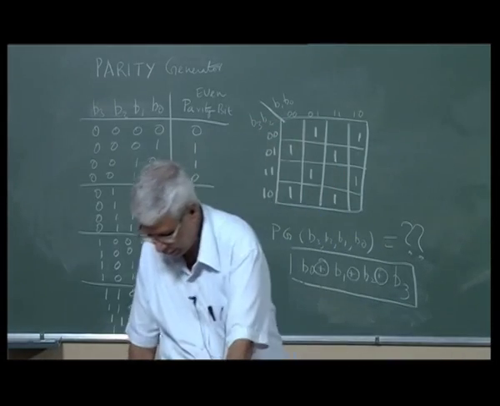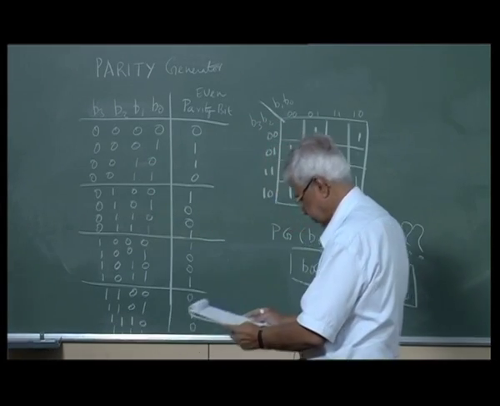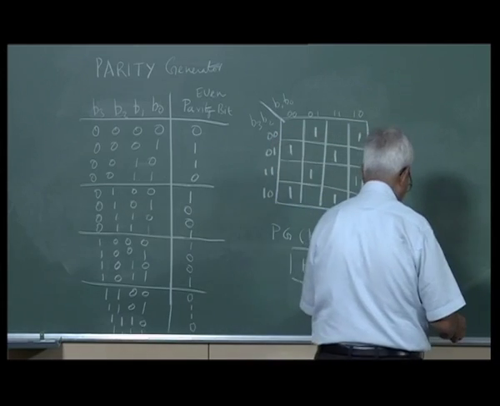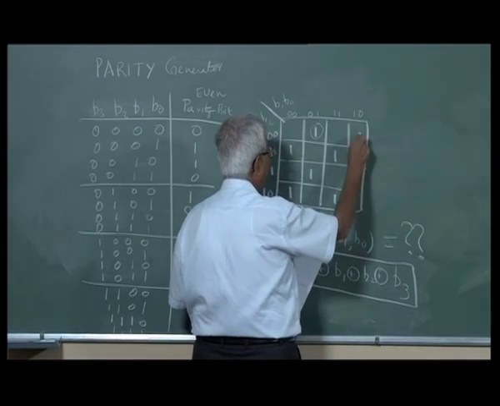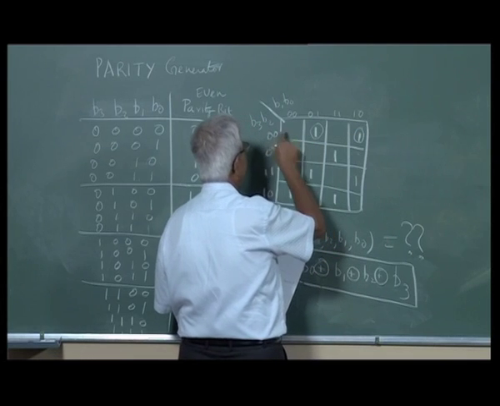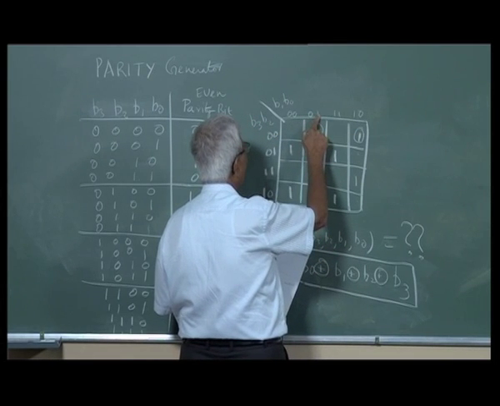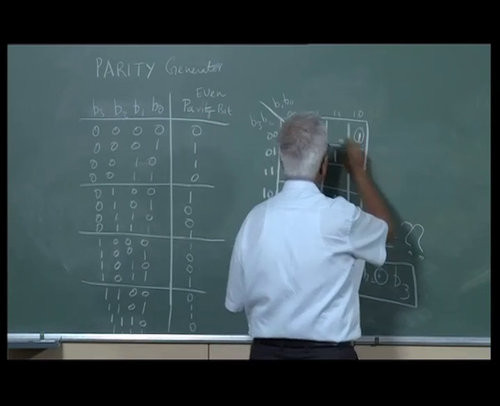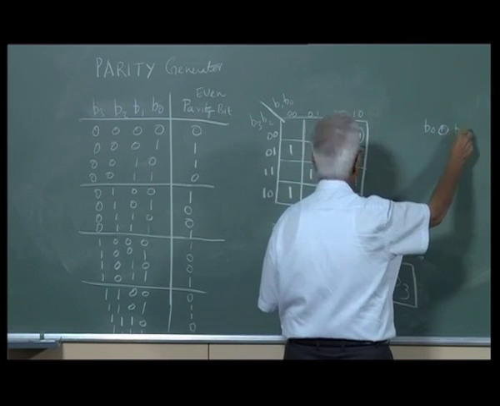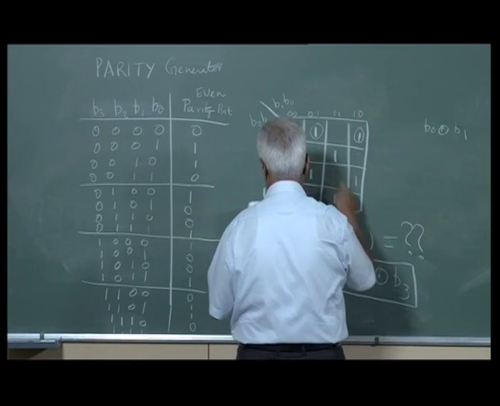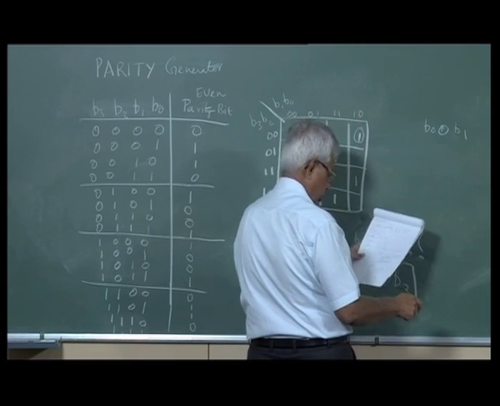Okay, I will simply tell you how to do it very quickly. You see, these two form an XOR of B0, B1. This is but B3, B2 bar.